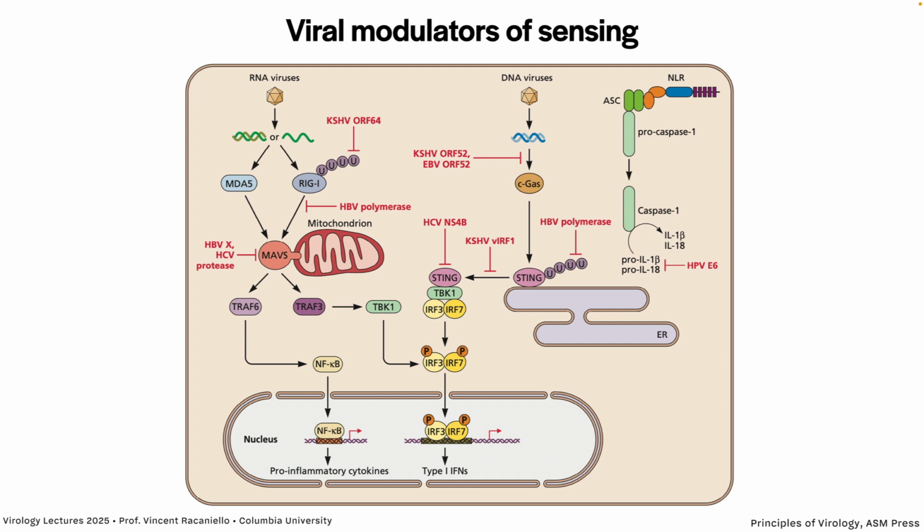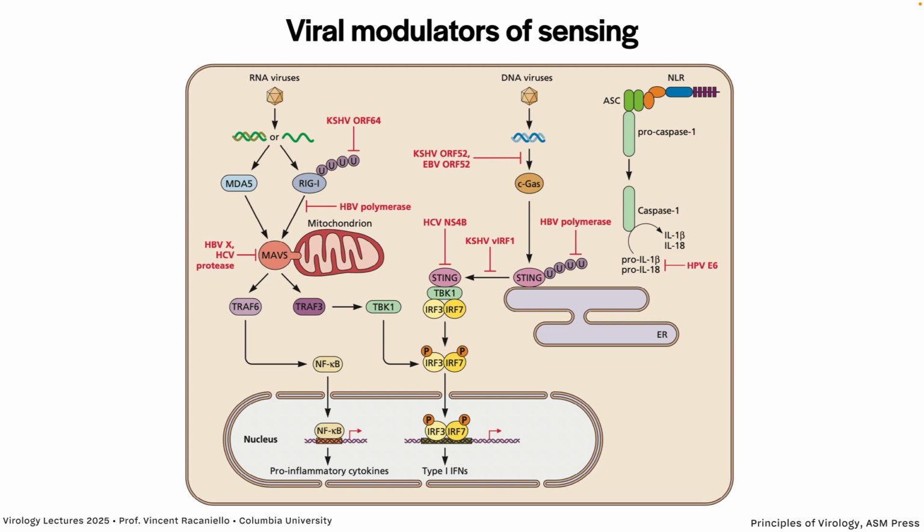For example, here is a herpes virus protein that is antagonizing the ubiquitination of RIG-I. RIG-I is one of the sensors of RNA. It needs to be ubiquitinated to work, and this viral protein is antagonizing that. These viral proteins are blocking the recognition of viral DNA by cGAS.